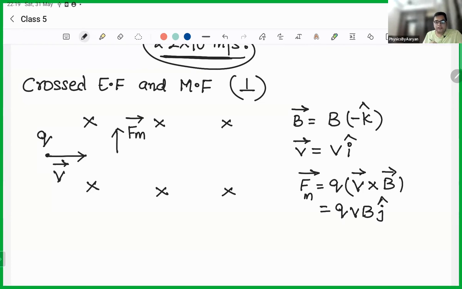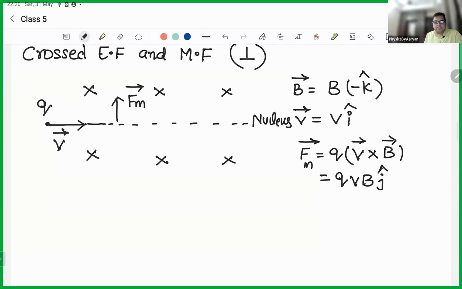So if you have a charge coming, then because of the magnetic force, the charge will go up. It will go like this. I don't want this because my nucleus is here. I want this charged particle to come and hit the nucleus.